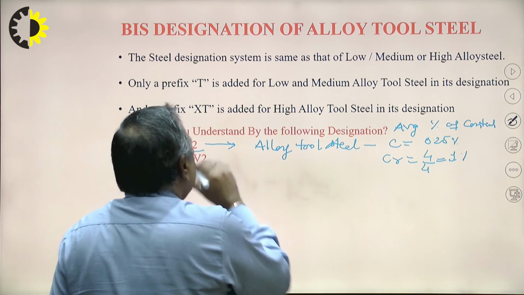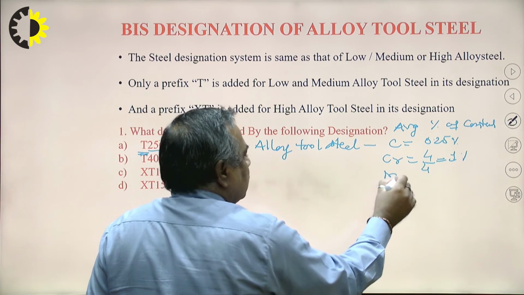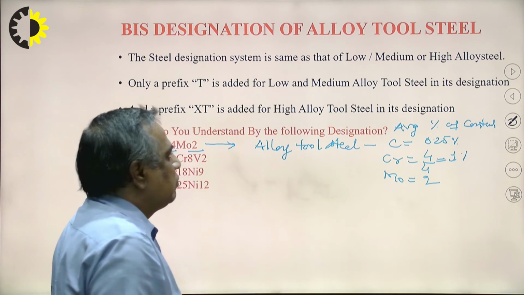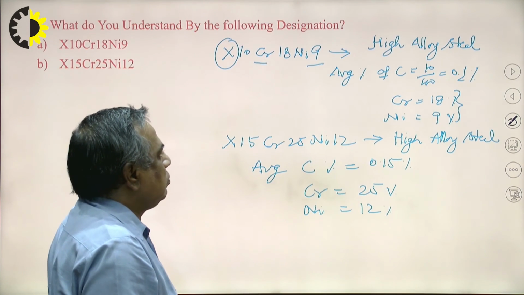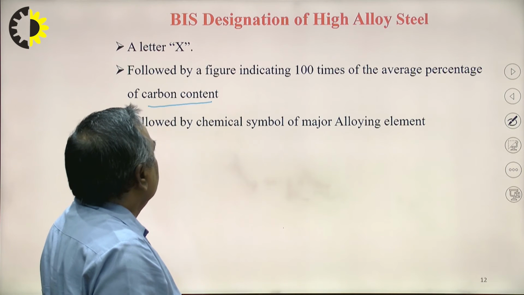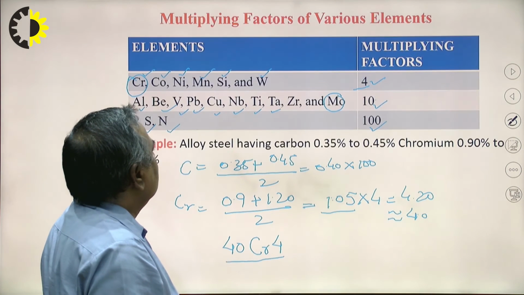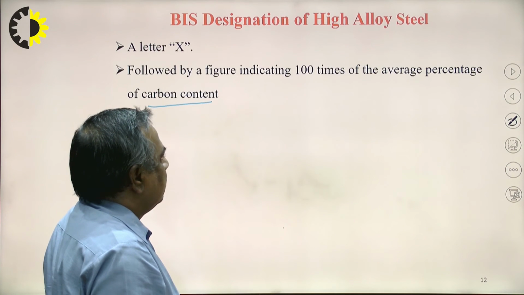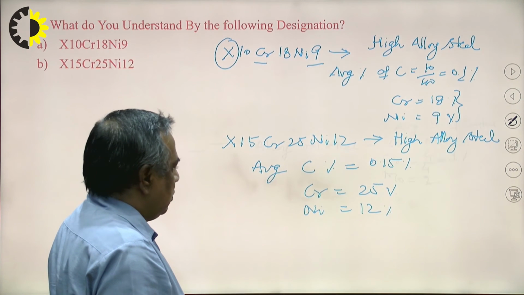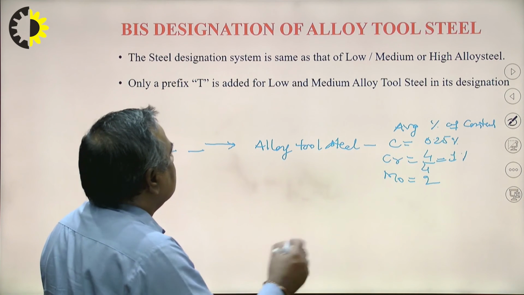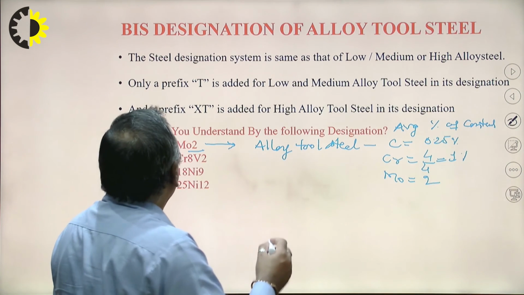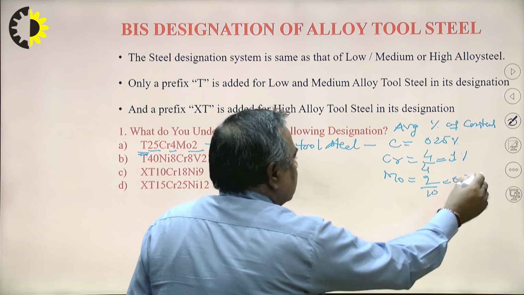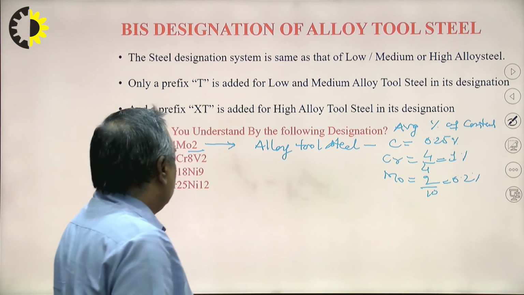Similarly, for molybdenum we use 2 divided by, I have to refer to the table, molybdenum is 10. So 2 by 10 is 0.2%. This is low alloy tool steel.